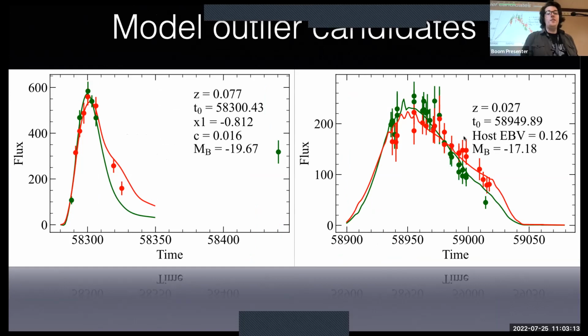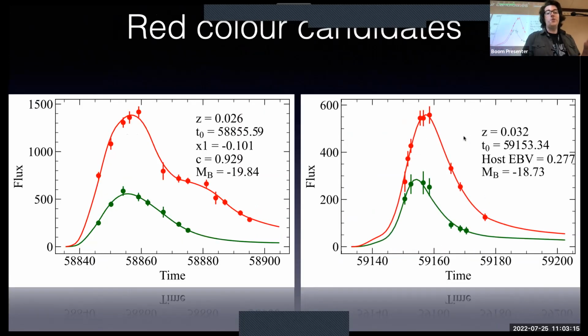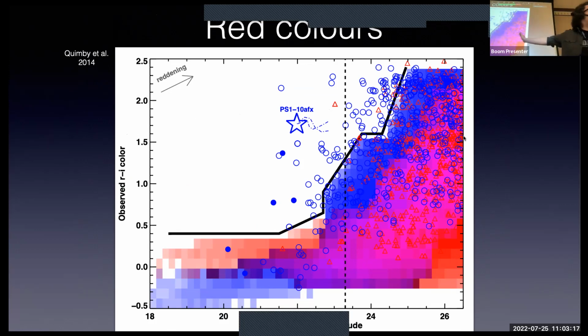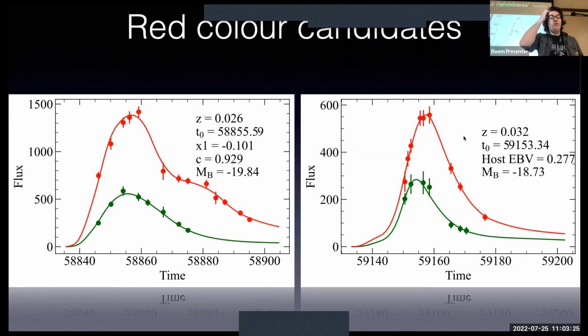Well, the threshold to pick them out is basically just if they're above this black line, translated into the ZTF band. So that's how we would pick it out as being red. For this one specifically, the reason that I would throw this one away is because it's still consistent with the redshift. If it was at a very high redshift, then the secondary maximum would probably be shifted out of the R band and we wouldn't see it.